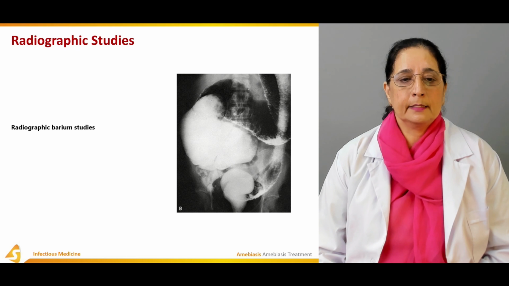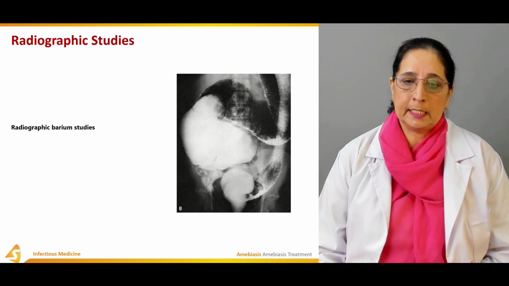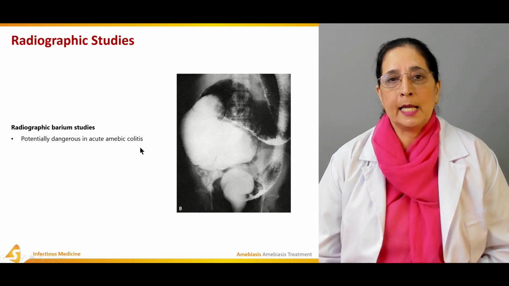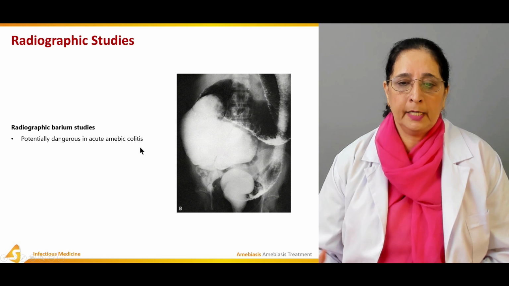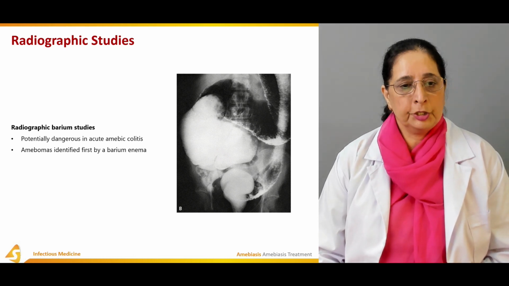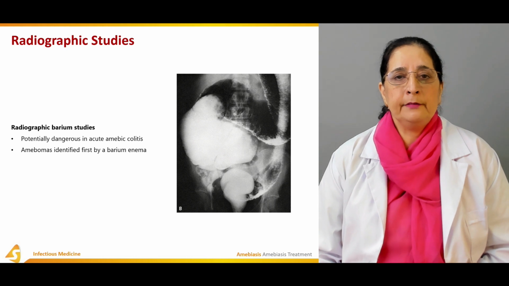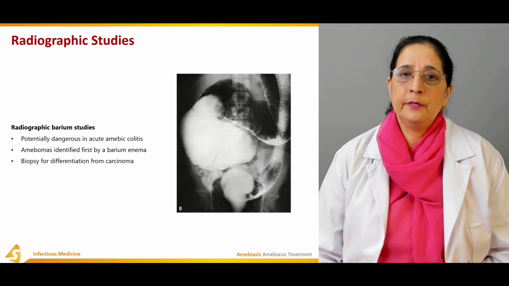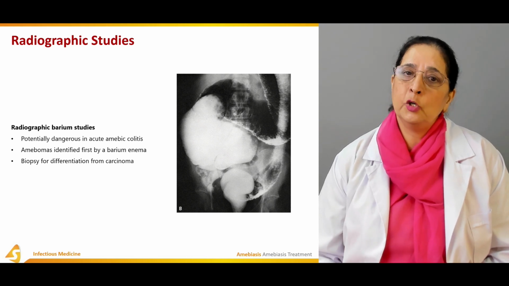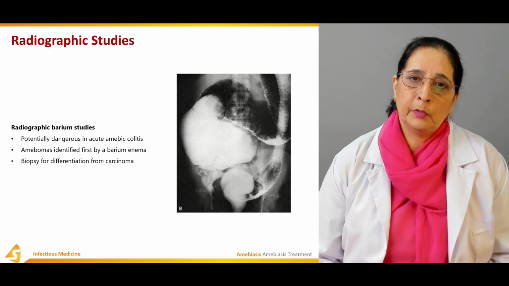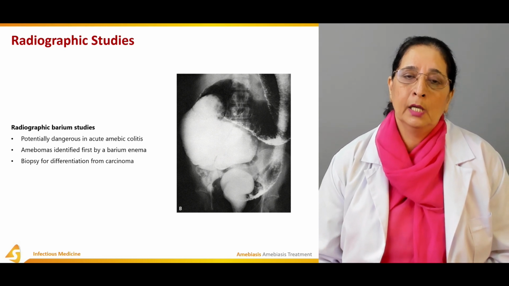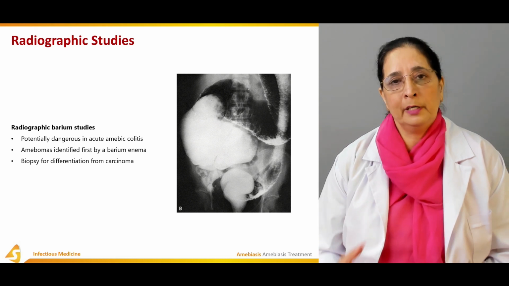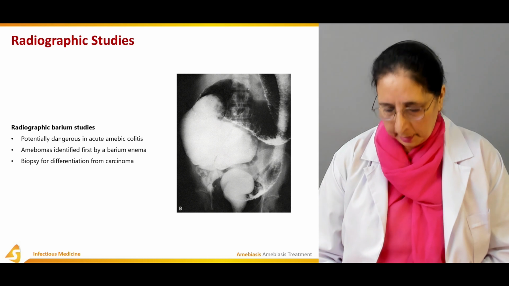Radiographic barium studies are potentially dangerous in acute amebic colitis, again because of the danger of perforation. Amoebomas are identified first by barium enema. Biopsy is needed for differentiation from carcinoma, because amoeboma also presents with a mass-like growth, and carcinomas can also be growths, so we need to do the biopsy for differentiation.